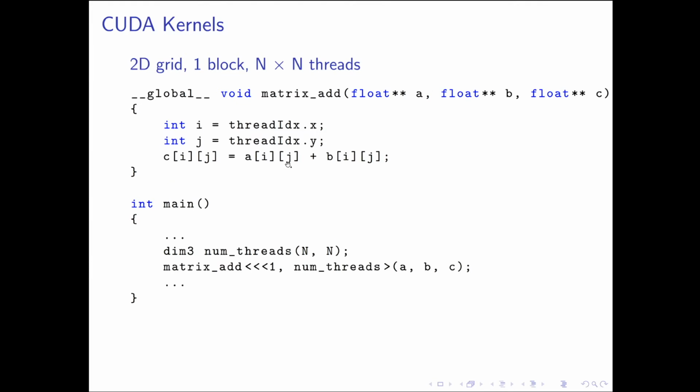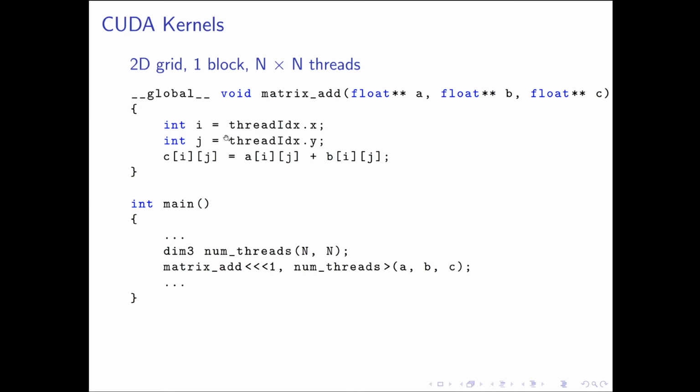So a similar kernel that does something else that actually operates on a 2D grid would look like this, where we again have a single block and where we have n by n threads. And again, those n by n threads may not exceed a certain limit, the limit usually being 1024. So we're now calling our kernel here with a 2D configuration.